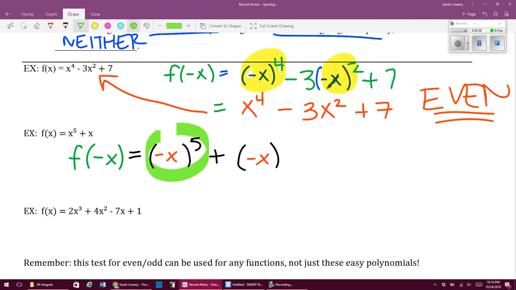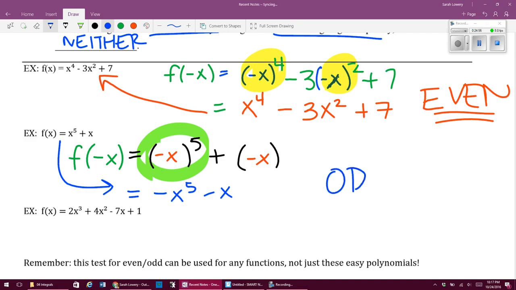If I have negative x raised to the fifth power, that is going to stay negative. So all my signs were originally positive. Now all my signs are now negative. Every single sign flipped, so therefore this is an odd function.